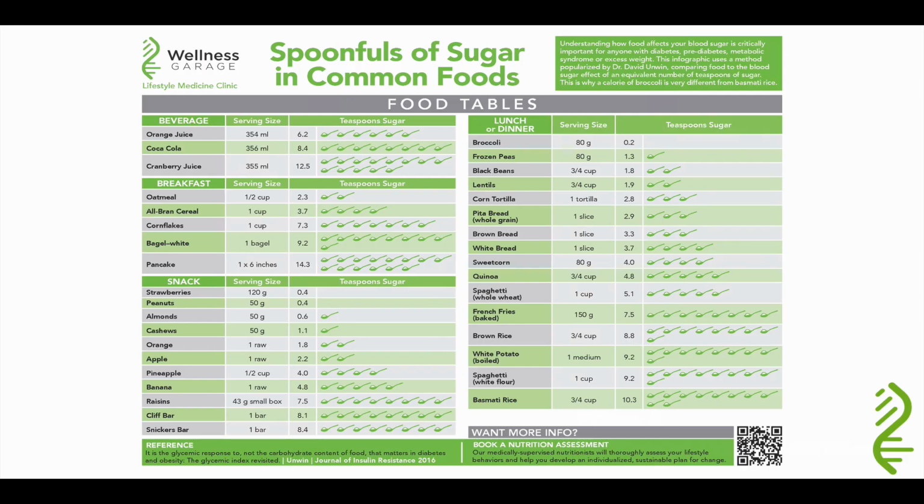So, you look at the difference between choosing a bowl of basmati rice, which is the equivalent of 10 teaspoons, versus a bowl of lentils, which is 1.9 teaspoons, right? And that bowl of lentils is probably going to be absorbed over the course of an hour. It's probably not even going to budge your insulin levels, whereas the basmati rice is definitely going to spike your insulin.